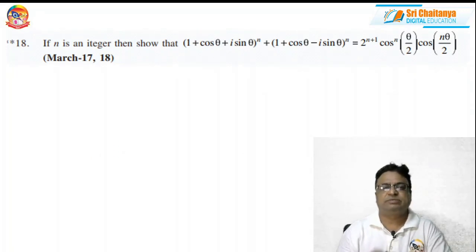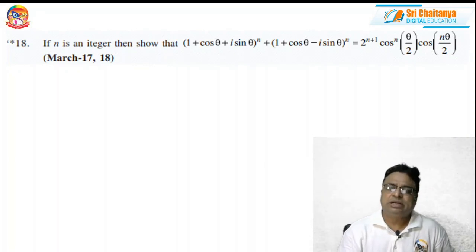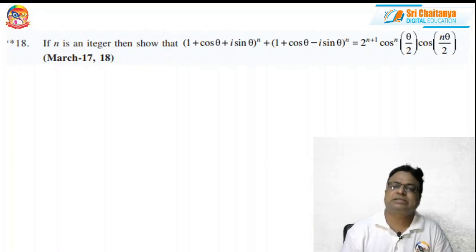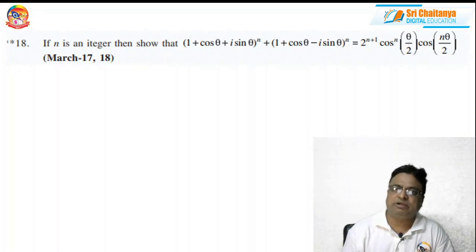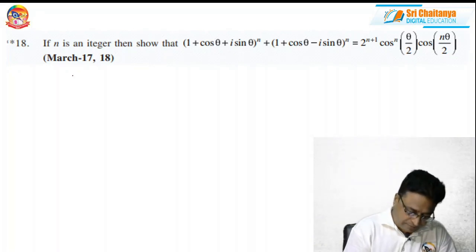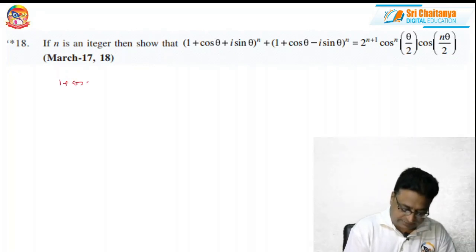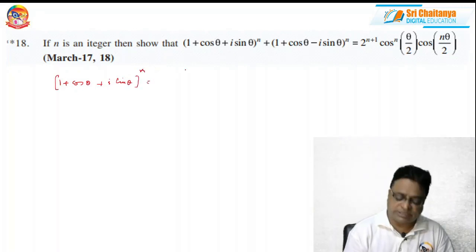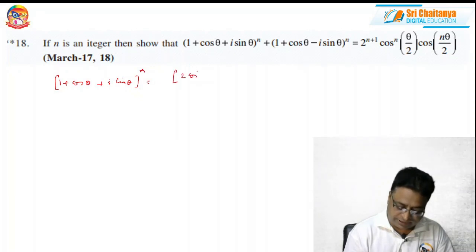So similarly, now question number 18. This is also similar to the above question, but instead of cos theta plus i sin theta, some complicated terms are involved in the question. Don't worry. First, consider the first term: (1 plus cos theta plus i sin theta) whole power n. 1 plus cos theta is nothing but 2 cos square theta by 2, plus 2i sin theta by 2 cos theta by 2, whole power n.